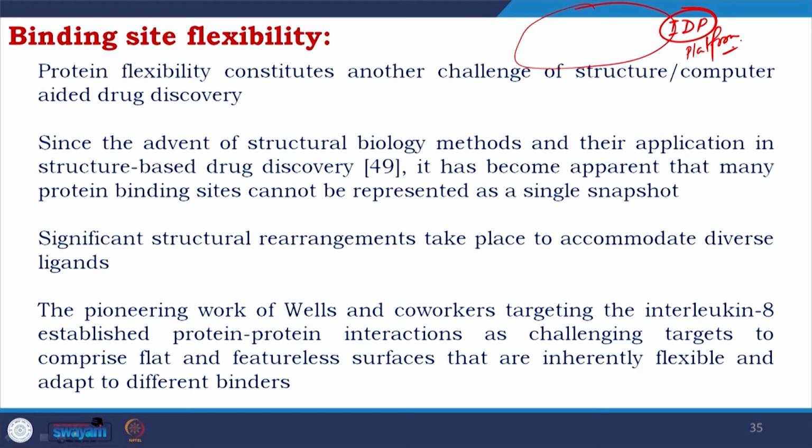So, as I told, in a large biological macromolecular assembly where switching on and switching off are happening continuously, a set of proteins is coming, a set of proteins is leaving, all of which are majorly controlled by intrinsically disordered proteins, and those are real challenges in terms of drug designing.